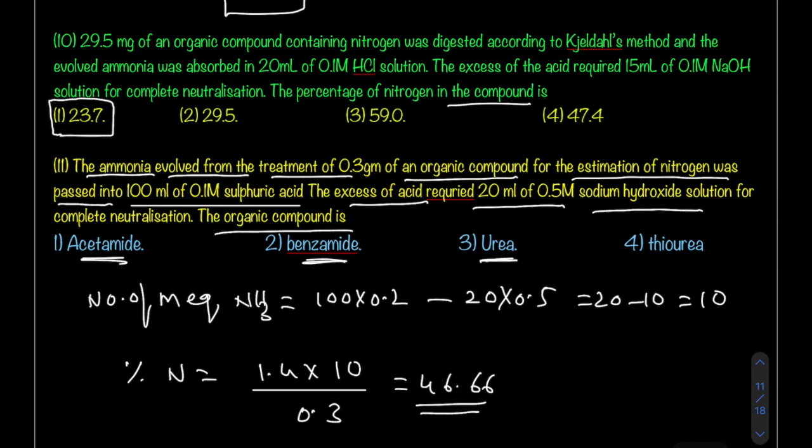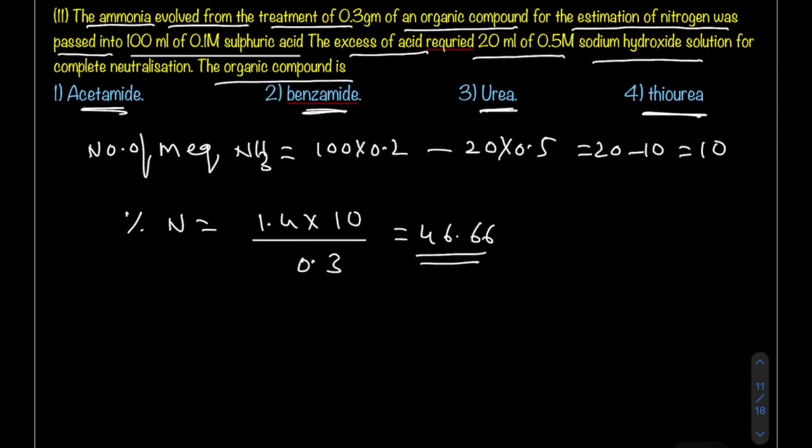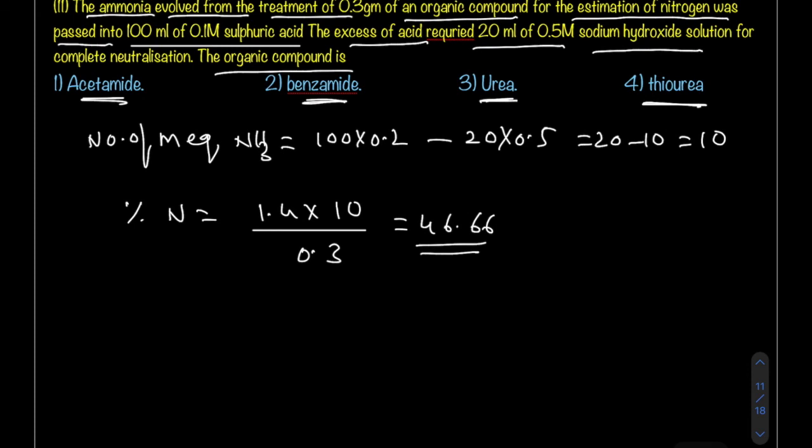So we have acetamide, benzamide, urea and thiourea. Here the concept is, we have to calculate the percentage of nitrogen in each compound, and if the percentage of nitrogen is 46.66, then that compound will be the organic compound. Now one by one. Acetamide is an amide compound, CONH2 is the functional group, containing 2 carbons.